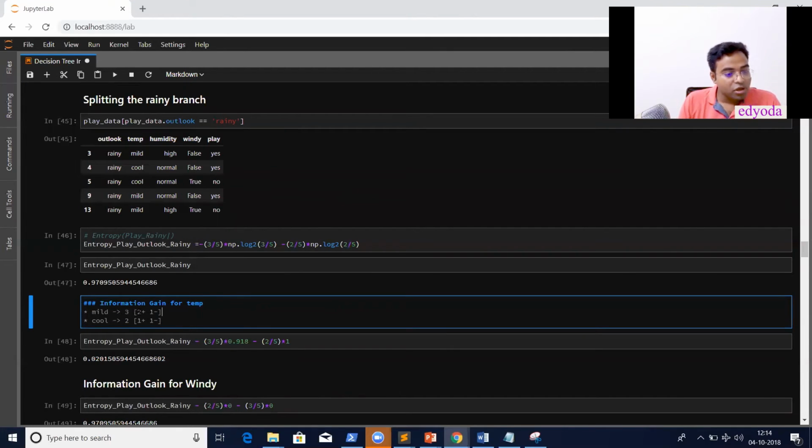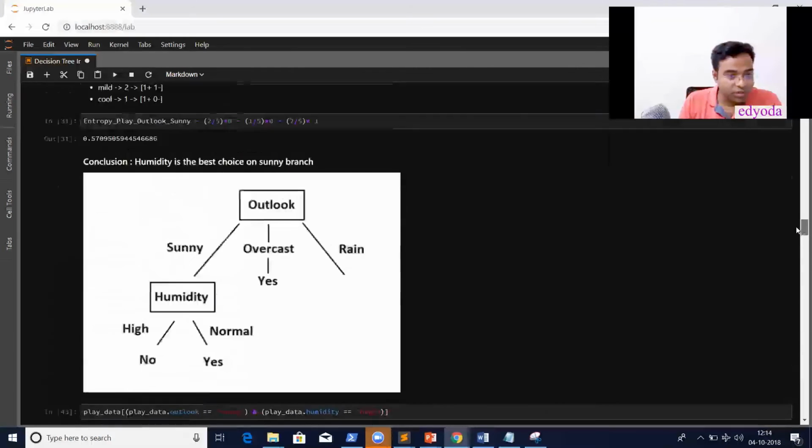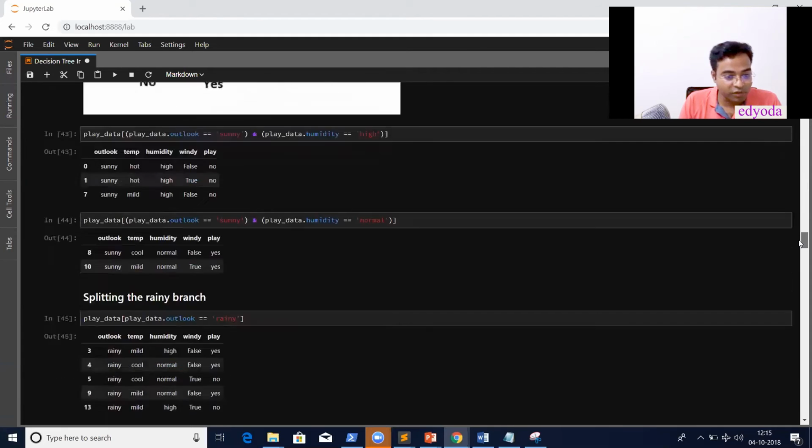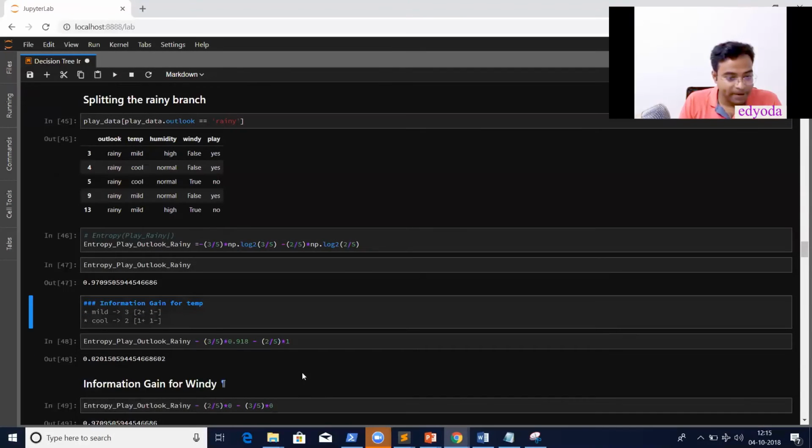Okay, so it is 1 by 3 and 2 by 3 function. Okay, so 1 by 3 and 2 by 3. If you look in the past, we have calculated this. See, this is 1 by 3 and 2 by 3. It is 0.918. So that's why I'm putting here 0.918 directly, right?